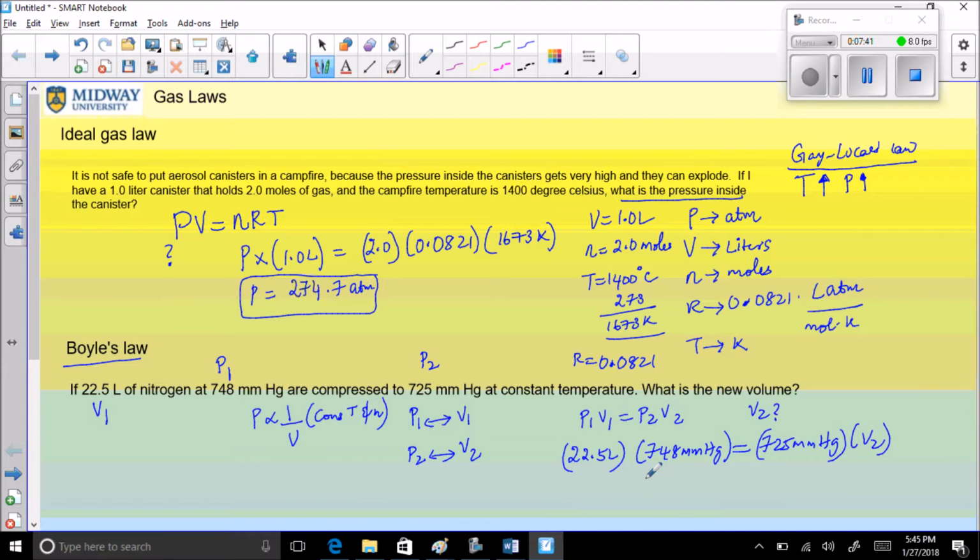Let's see if our V2 is greater than 22.5 liters. That would be 22.5 times 748 divided by 725. So it's 23.2 liters.